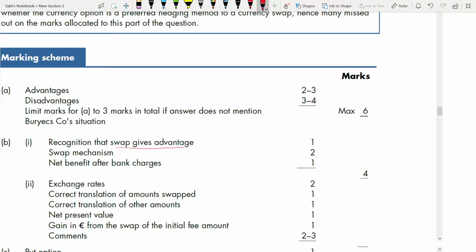Swap mechanism for 2 marks. This swap mechanism is your table. That table, it's a long table. You have to do it for 2 marks, but still you have to do it. You have to learn it. I have previously also made, I think, 2-3 videos on interest rate swap: how to form that table and how to put the figures over there and how to answer a question on interest rate swap.